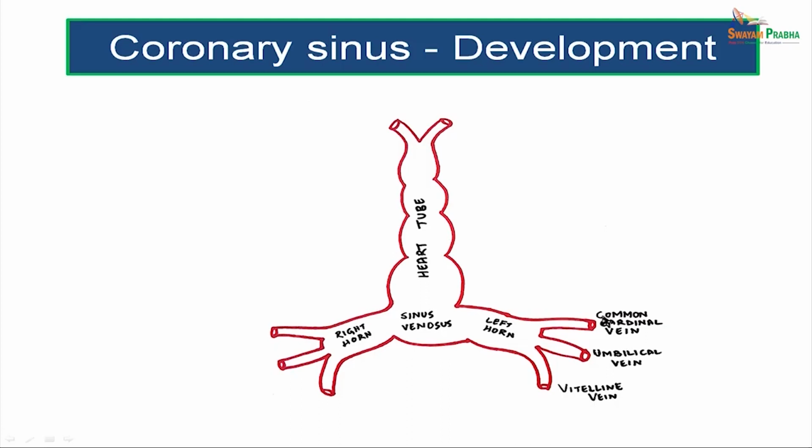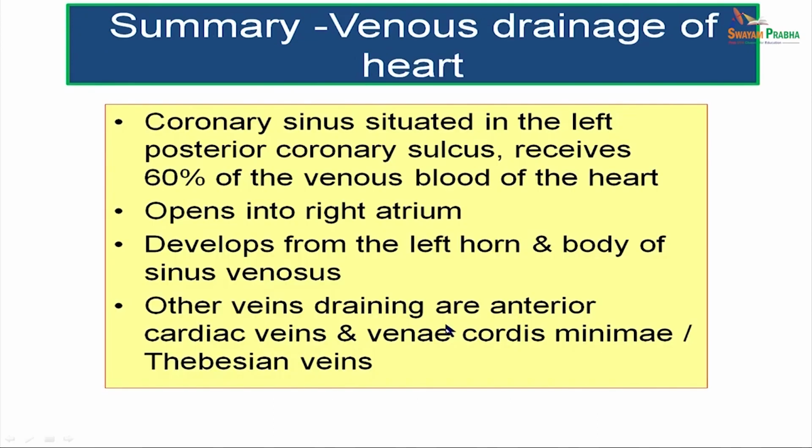So, that forms the oblique vein of the left atrium, and this is going to form the coronary sinus, that is the left horn and the small portion of the body of the sinus venosus.